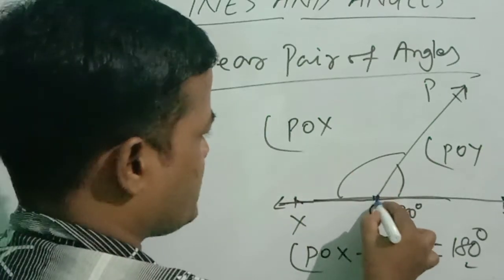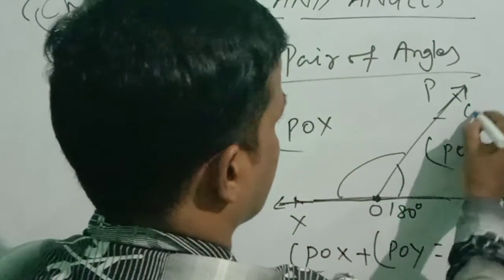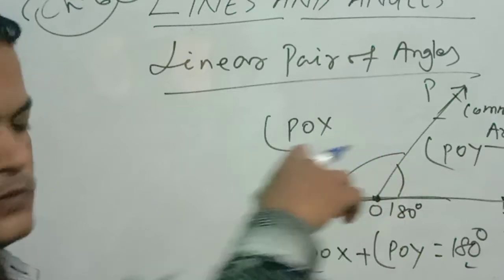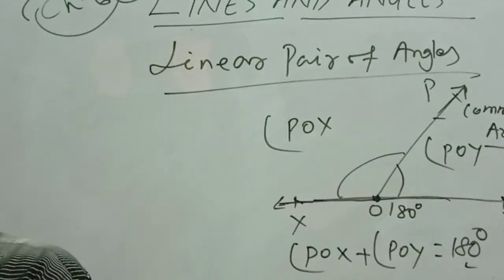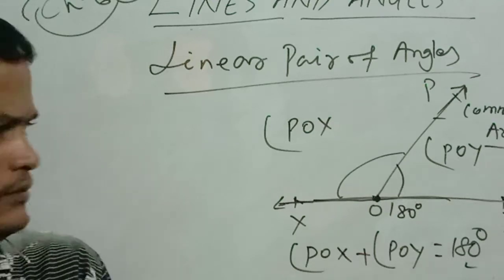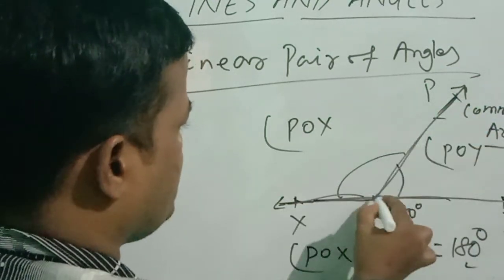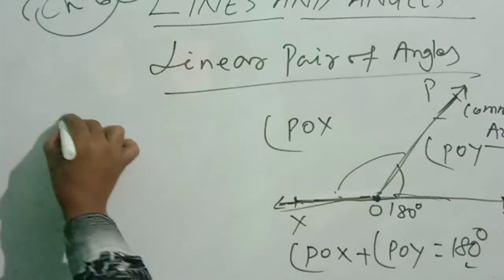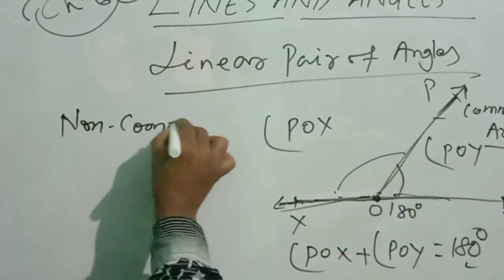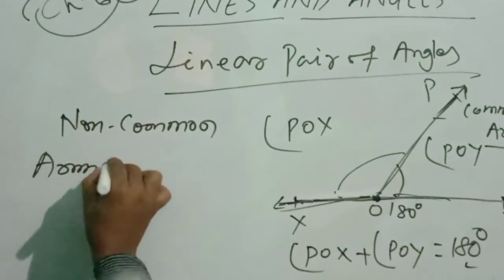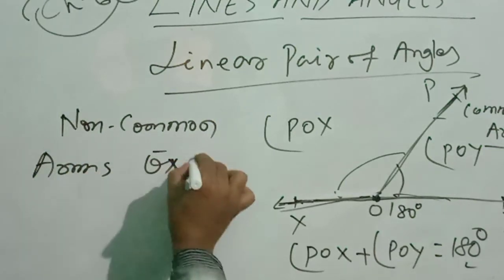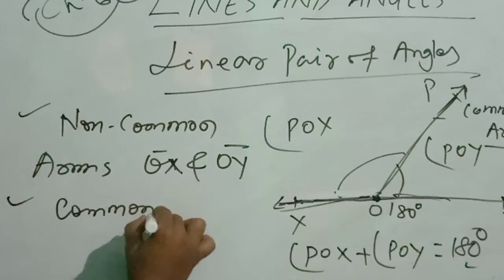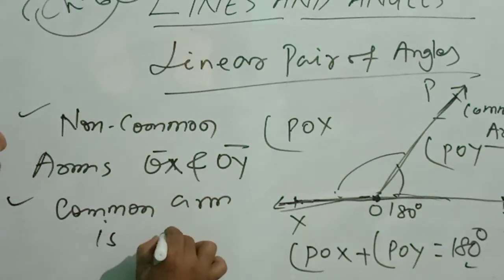Then you see this is the common point, the vertex, and this is their common arm. The non-common arms are OX and OY, and the common arm is OP.